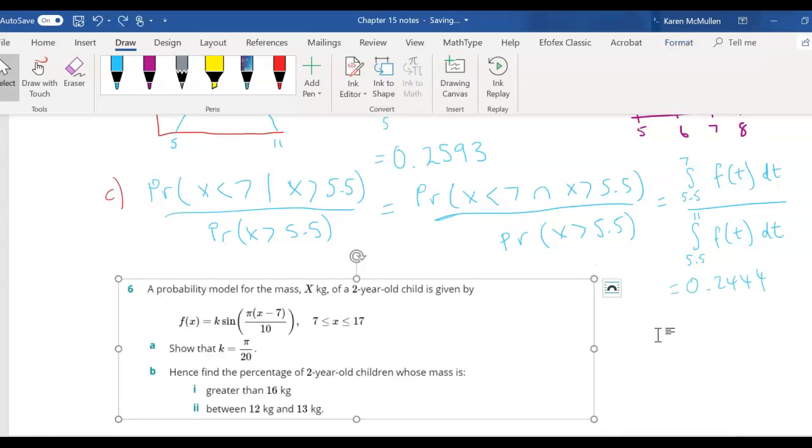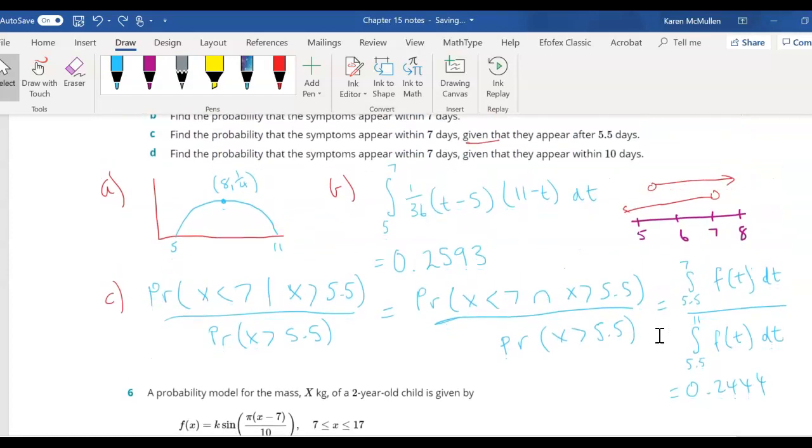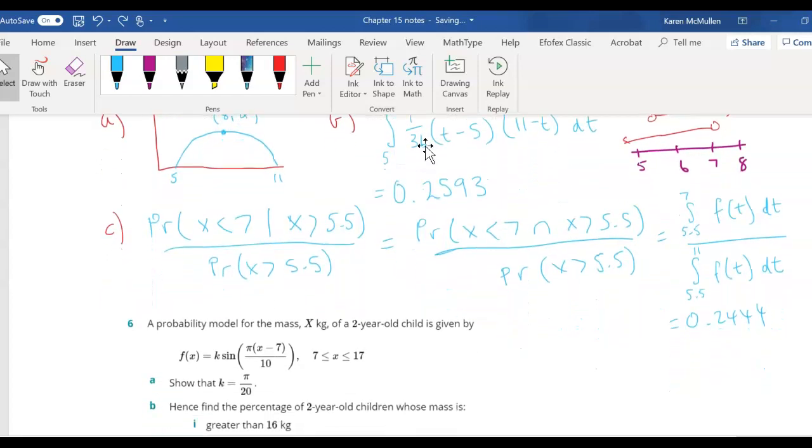Doesn't matter. Okay, so for question D, find the probability that the symptoms appear within 7 days given that they appear within 10 days. So I'm going to just set up the conditional probability for you and then you can just go ahead and do it on your calculator. So we want the probability, let's do a line here so we don't get mixed up.